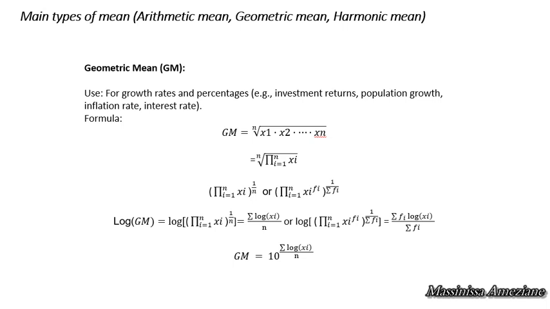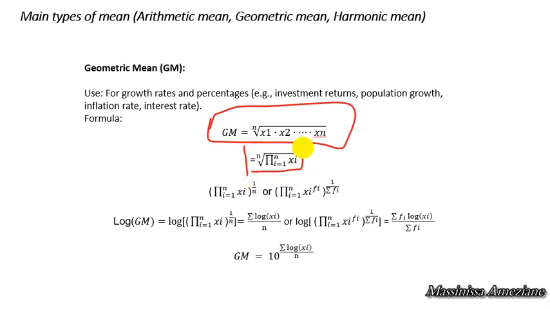The formula for GM, or geometric mean, is GM equals the nth root of the product of all your data points in the data set. In other words, it is the nth root of x1 times x2 until xn.